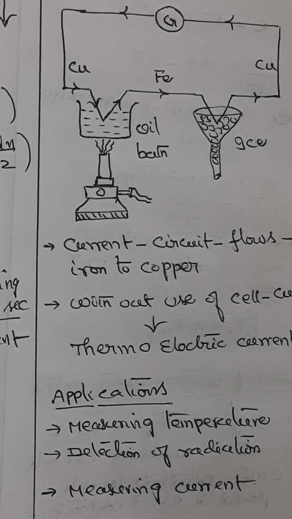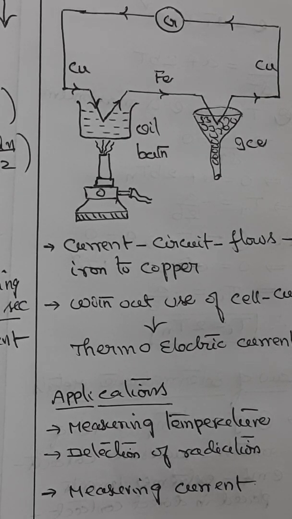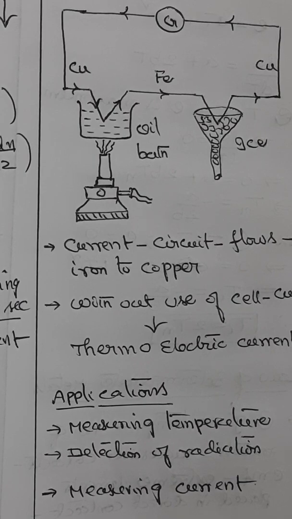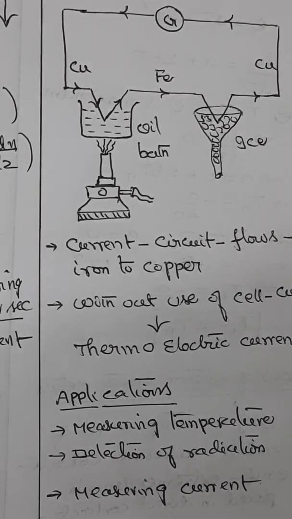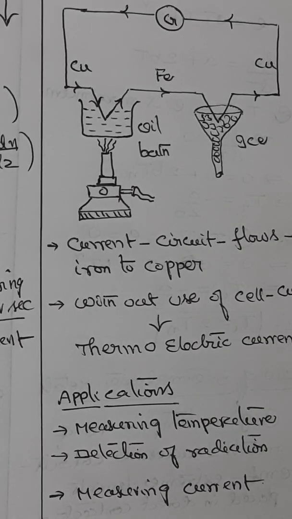For temperatures up to 100 degrees centigrade, thermocouples of base metals may be used, while for higher temperatures, platinum, rhodium or molybdenum tungsten couples are used. So that is one of the practical applications of the Seebeck effect. The other application is detection of heat radiation.